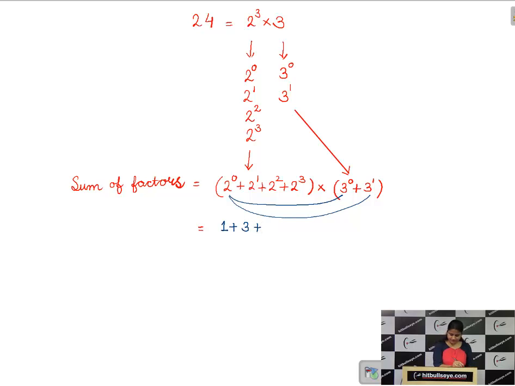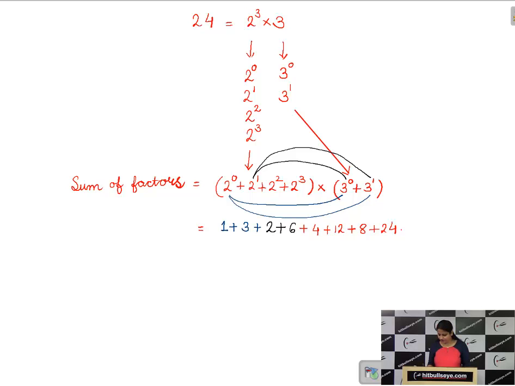Similarly, if we multiply 2 raised to power 1 by 3 raised to power 0, we will get 2, plus, if we multiply 2 by 3 raised to power 1, we will get a 6. In the same manner, if we expand this expression, we will get 4 plus 12 plus 8 plus 24. So we are getting all the factors with an addition sign between them.